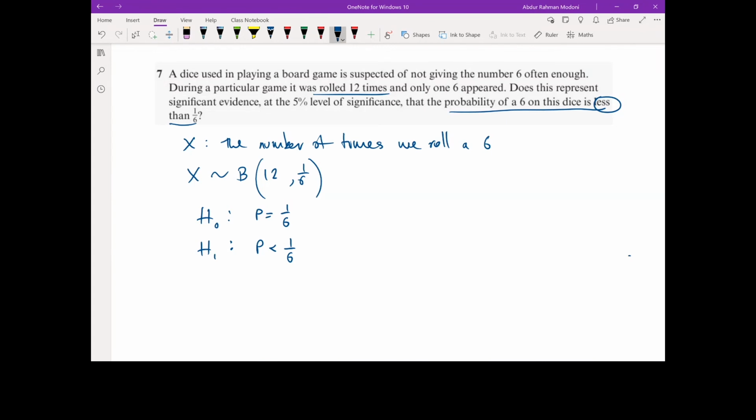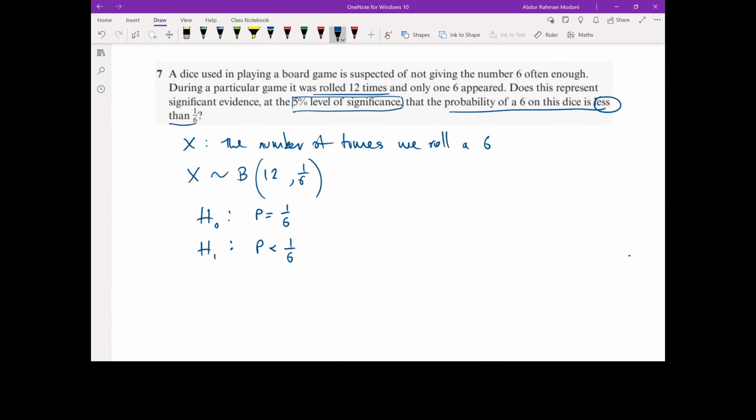So here we've set up our binomial distribution, identified our null hypothesis, and written our alternative hypothesis. And we're going to do the test at the 5% level of significance, so keep that in mind.